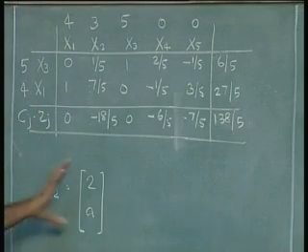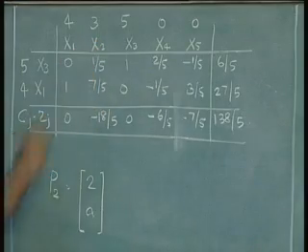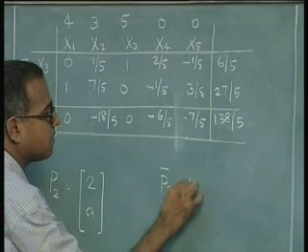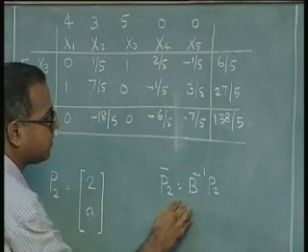Now when this 3 changes to a value a, what will happen to the optimum table? Now this will also change, because P bar 2 equals B inverse P2.